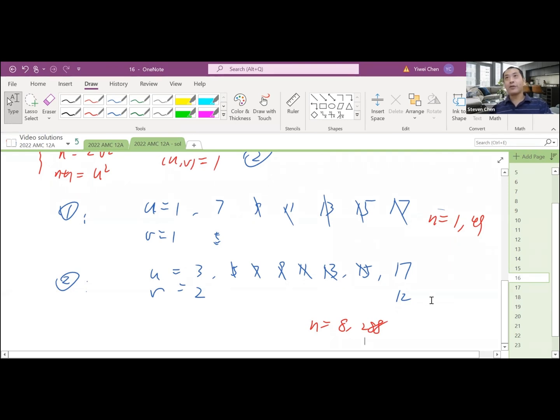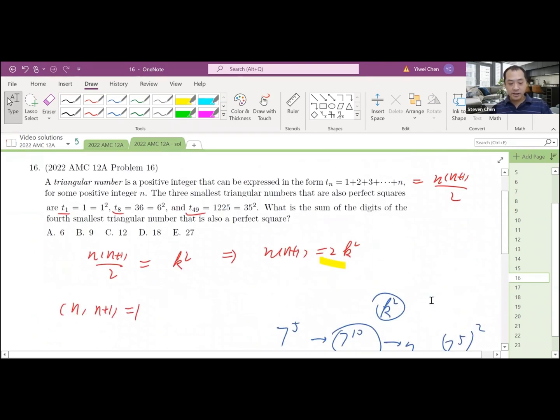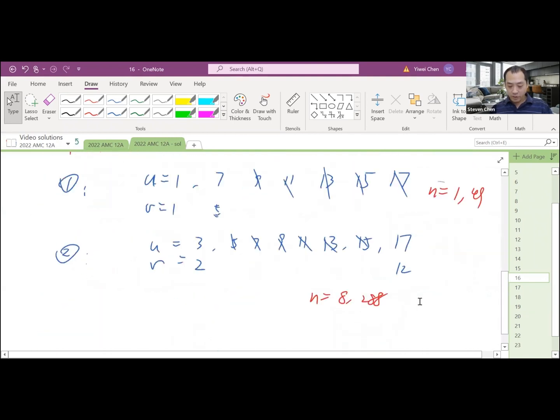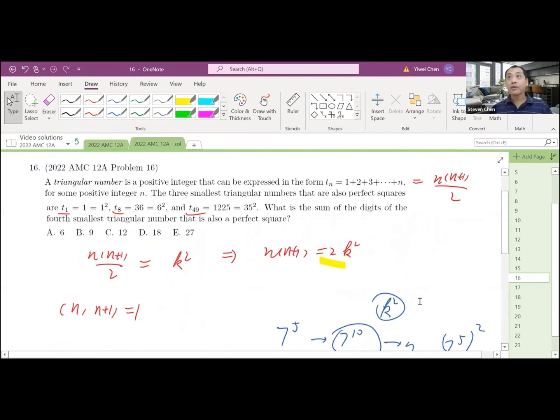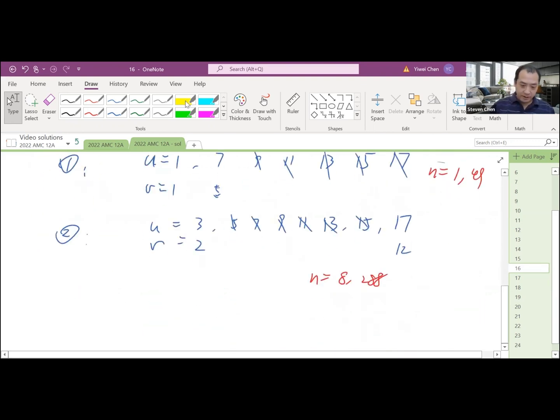So the first 3 smallest numbers are consistent with those given in the problem, right? So actually this verifies that our approach should be correct. Our answer should be correct. So the 4th smallest n is 288. Okay, sounds good? All right.